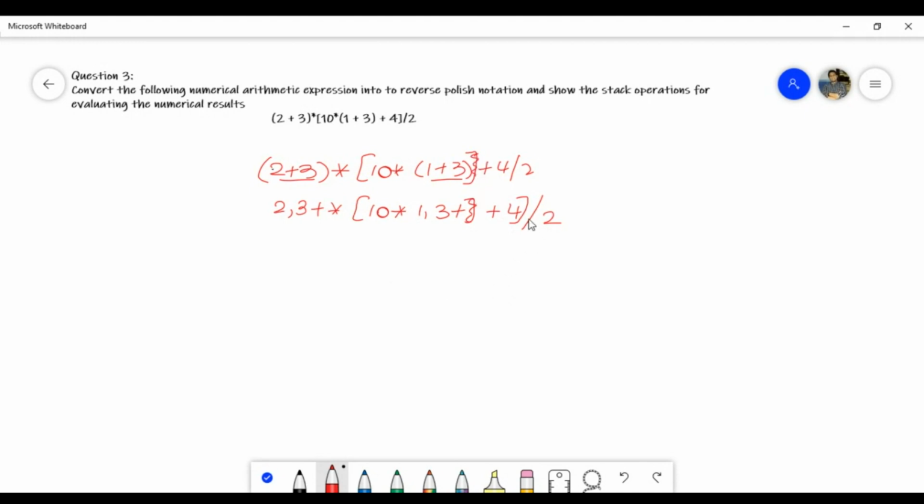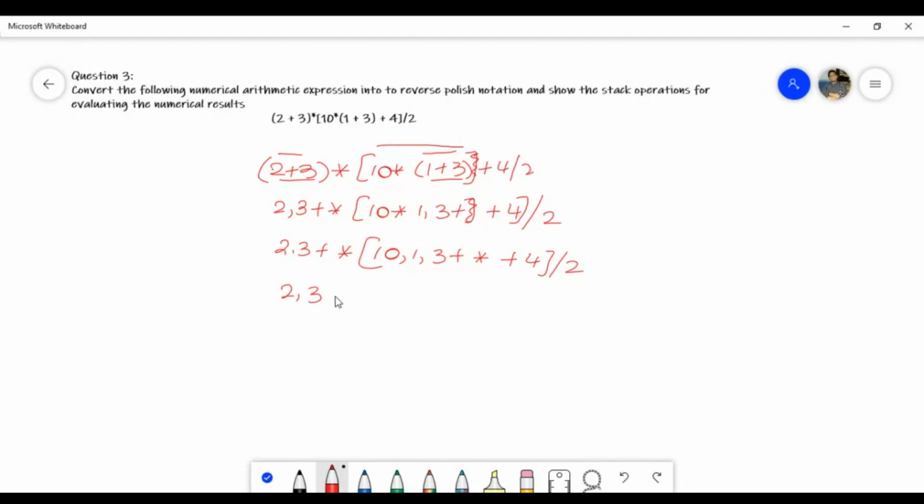So it will be 2 comma 3 plus cross. The first inside operation is this, and the other inside operation is this. Then 10 comma 1 comma 3 plus cross plus 4 divided by 2.